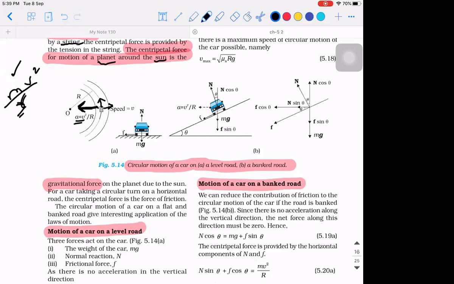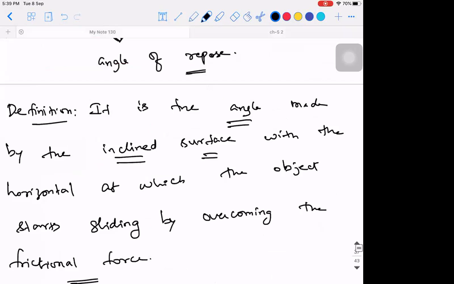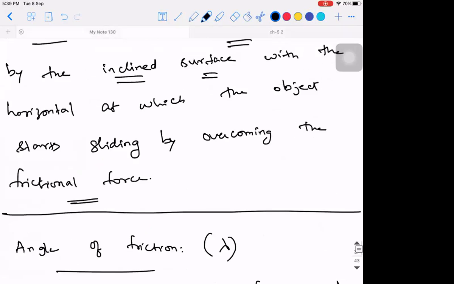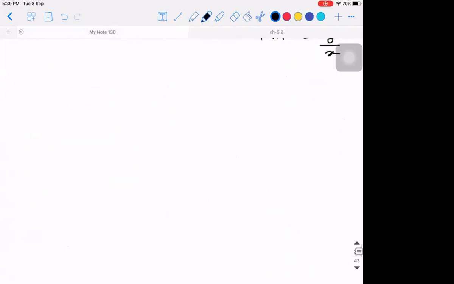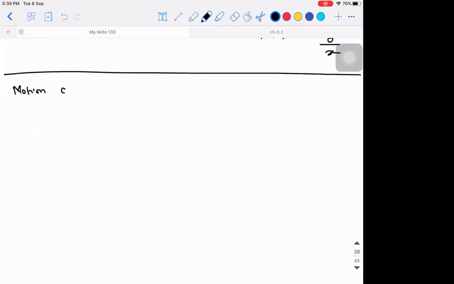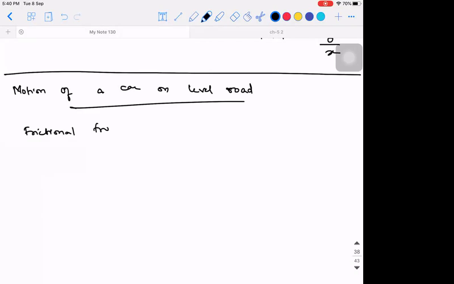So how to write the equation is, for this, motion of a car on level road. Friction, or frictional force between whom?